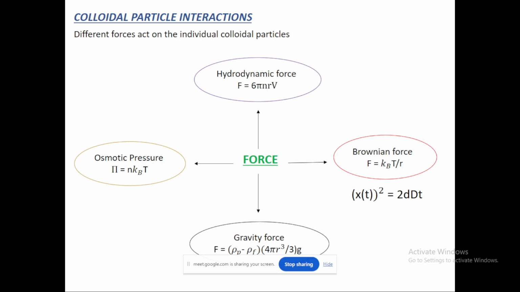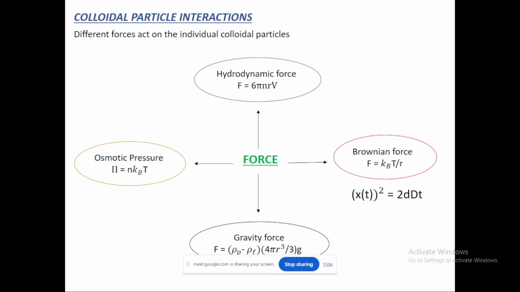When you hear the term Brownian force, you can recollect what we learned in the fundamentals of colloids, that colloidal particles show a phenomenon called Brownian motion. So what is Brownian motion?